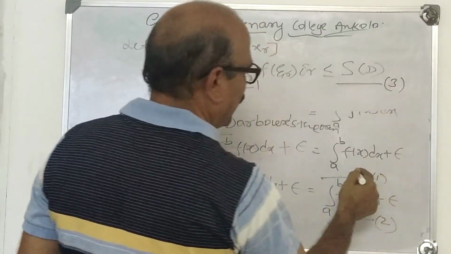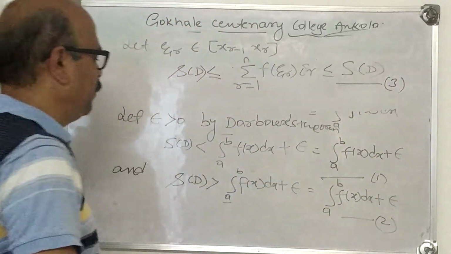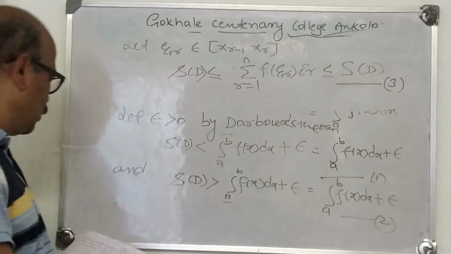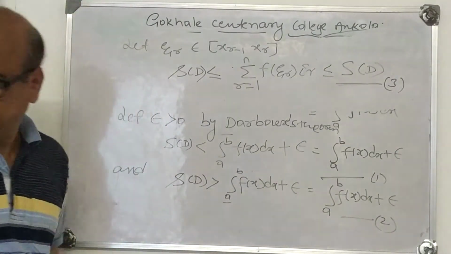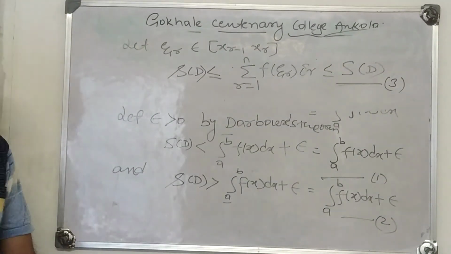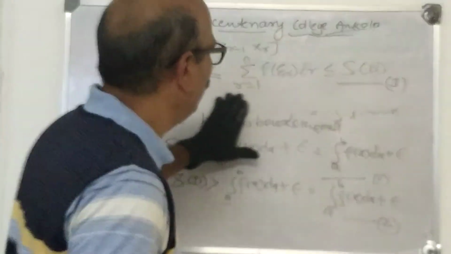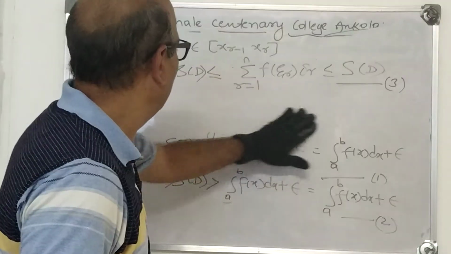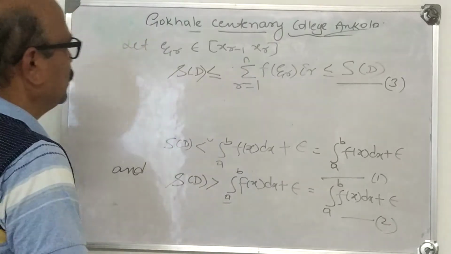This is 3. Say 1, 2, 3. Now from these 1, 2, 3, what can we write? From 1 to 3, we can write like this.